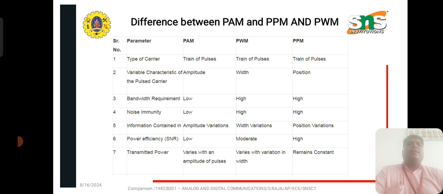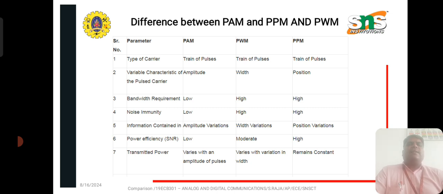The third one is bandwidth requirement. PWM and PPM need high bandwidth compared to PAM, and PAM possesses the lower bandwidth. Next, the noise immunity property: PAM has low noise immunity, while PWM and PPM have high noise immunity.